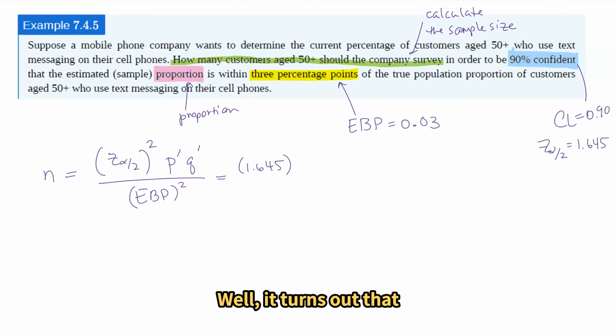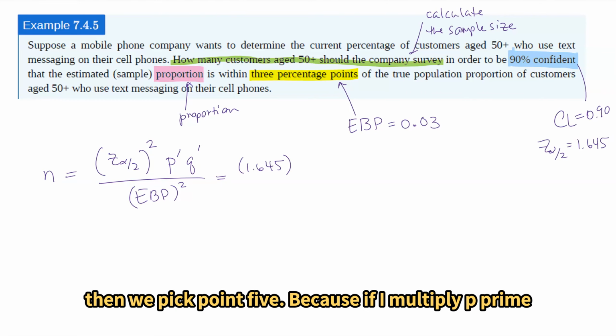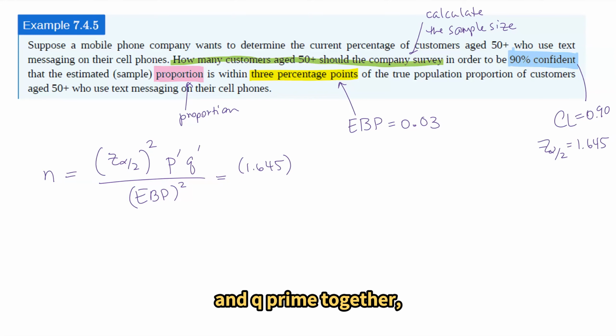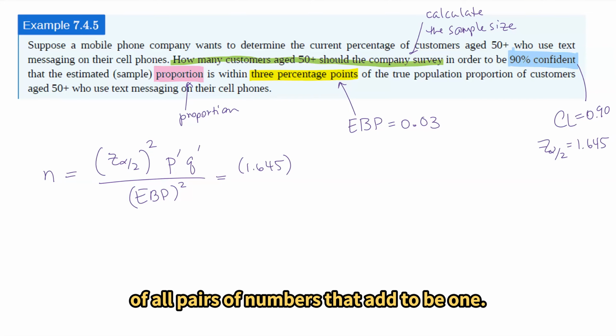Well, it turns out that if we're not given a possible value to start with, then we pick 0.5 because if I multiply p prime and q prime together, both of them being 0.5, the result is the largest possible product of all pairs of numbers that add to be 1.